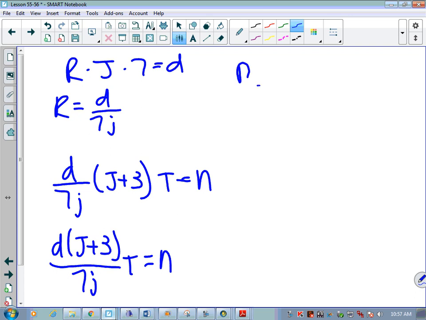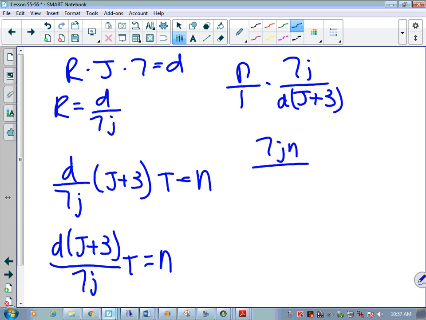So you wind up with N over 1 times 7J over D times J plus 3, which is going to leave you with 7JN over, and you can distribute it, you can leave it out. Either way, I'm going to take it, but I'm going to leave it as factored out as D times J plus 3, and we're dealing in a matter of days.